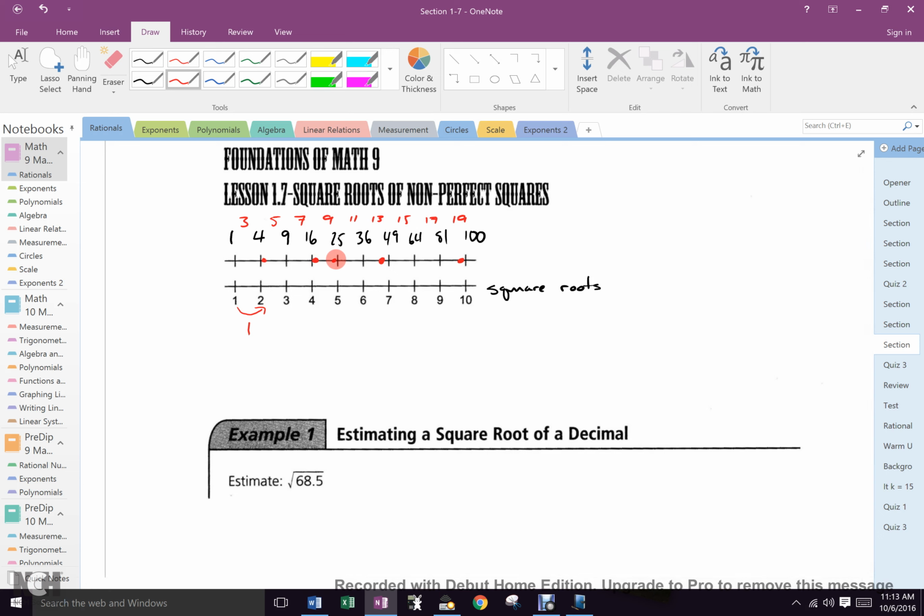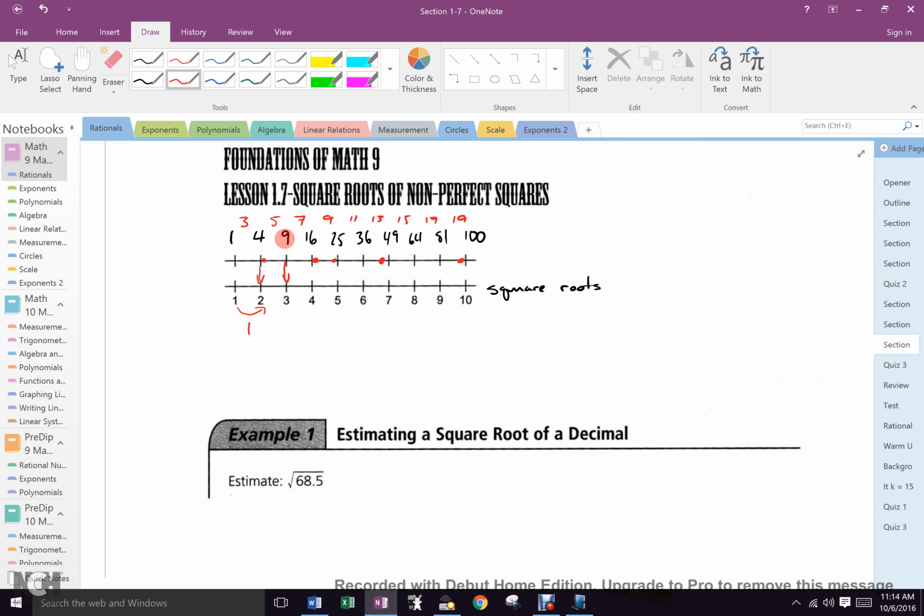What about decimal points? Just wait. We'll come to decimals in a minute. Let's understand it with perfect squares. What's the square root of 9? 3. What's the square root of 4? 2. So what must all the square roots between 4 and 9 be?